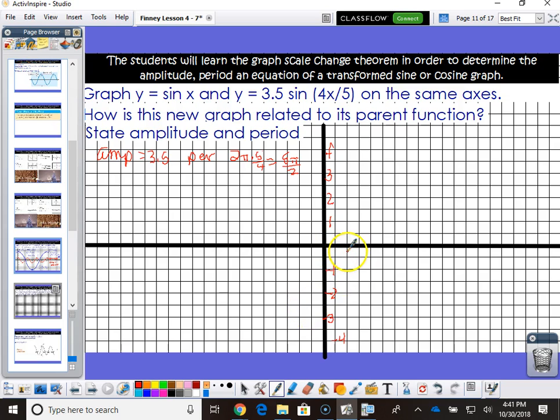I'm going to have pi over 2, and I'm going to have pi, 3 pi over 2, and I'm going to have 2 pi, 5 pi over 2, and I'm going to have 3 pi. And the same will go in the opposite direction.